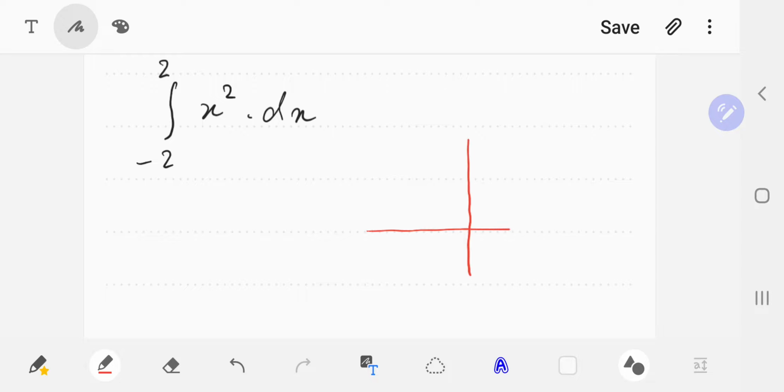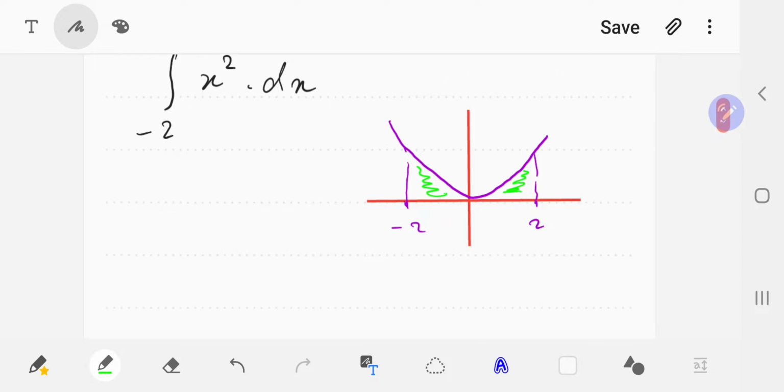As we said in the definition of definite integral, it talks about area under a curve. So if we draw x squared from negative 2 to 2, this means I'm talking about the area under the curve from negative 2 to 2. So I'm talking about this area and this area.